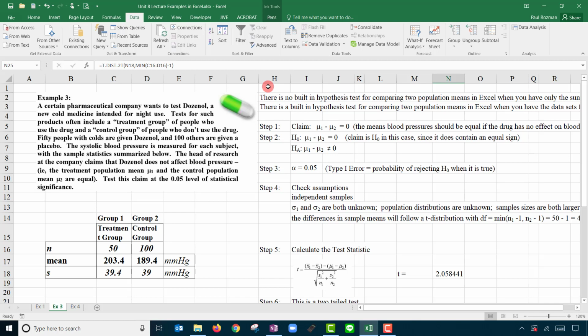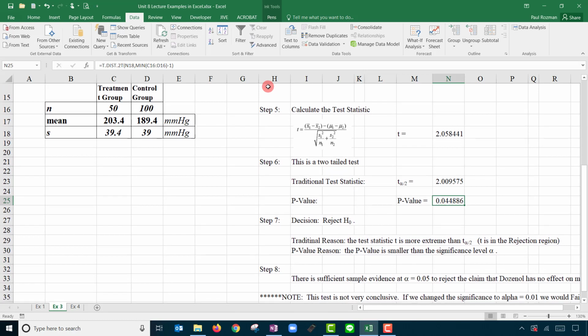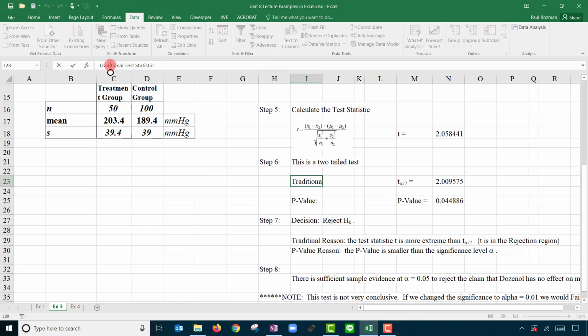So again, I just typed it all up nice. Again, I have a typo in here though. When I did my traditional value, I called it a traditional test statistic, I guess because I cut and pasted it from the last one as I was setting up this template. This is a traditional critical value.